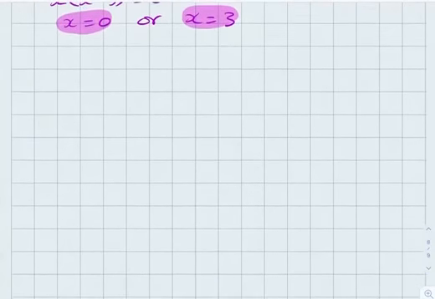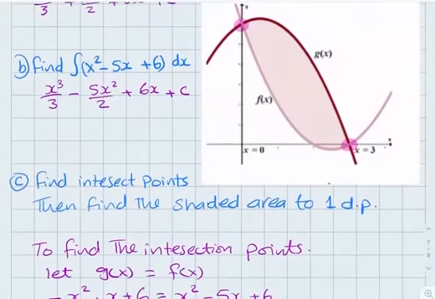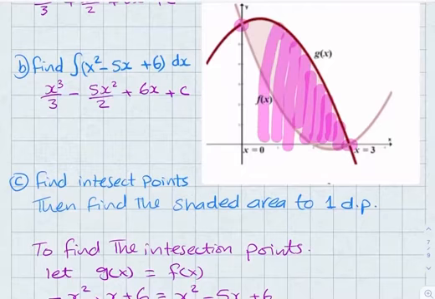Right. Now we want to find the shaded area here. As you can see, the area under g of x is all this between the curve and the x-axis, all this pink thing. This is g of x.